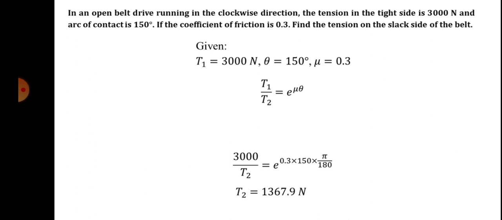One more is the power transmitted by the belt, P is equal to (T1 minus T2) into V by 1000, where V is equal to pi dn by 60. And the last formula is the ratio of tensions in belt, that is T1 by T2 is equal to e power mu theta. You will have problems only on these things.